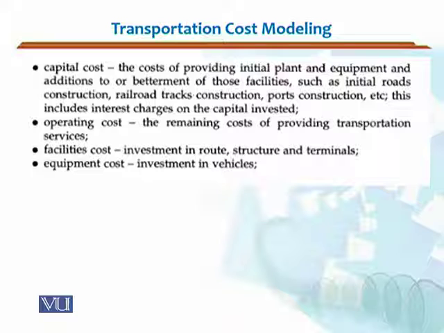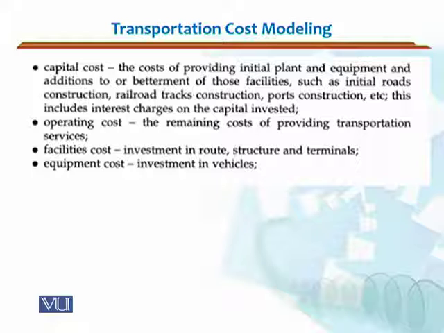The capital cost is actually the cost of providing initial plant and equipment, and additions or betterment of those facilities. So you have your initial plant and equipment. When you improve it, or you add something to your facility, such as initial roads, construction, railroad tracks, port construction, this includes interest charges on the capital investment as well.